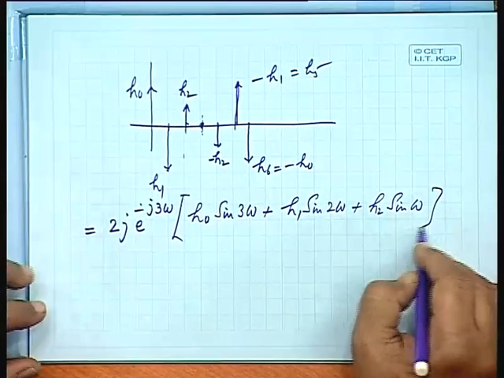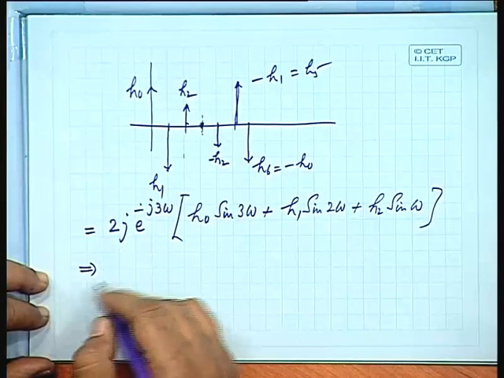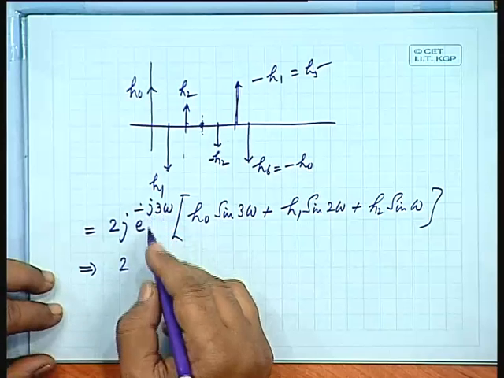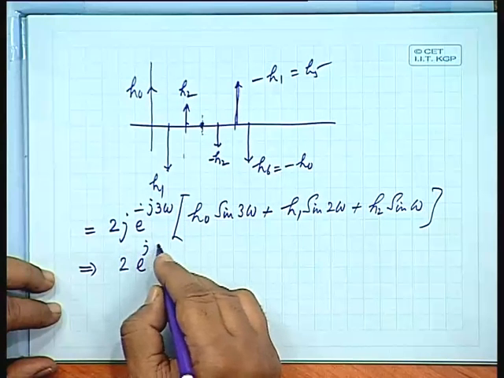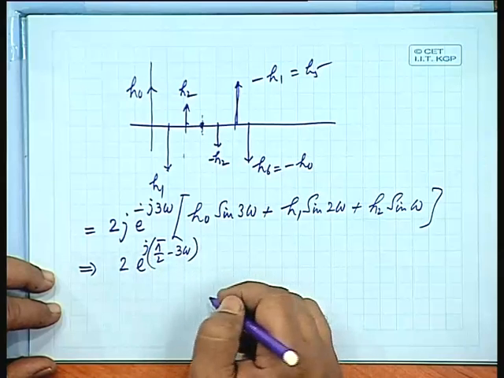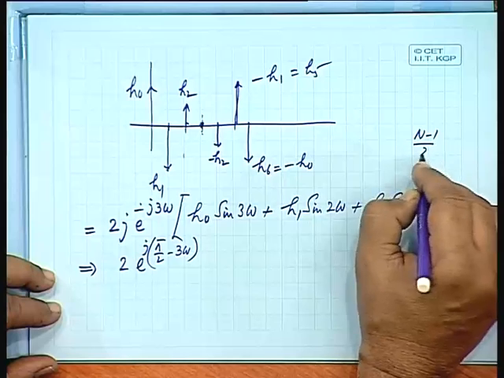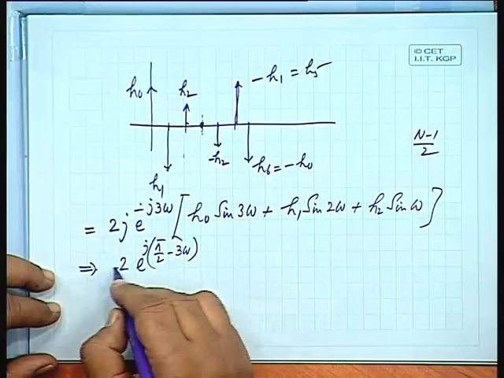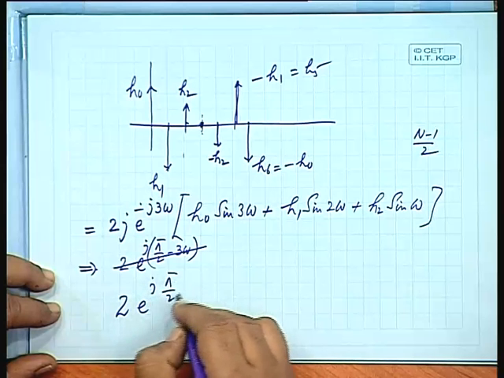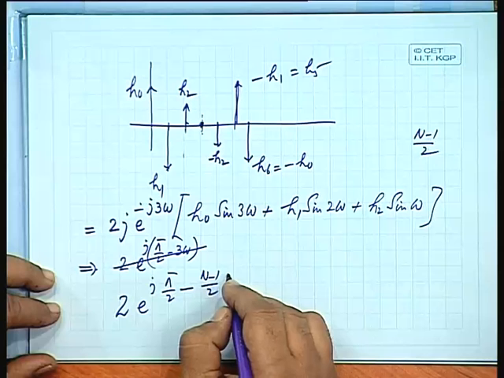So, the general term will be 2, again j you can push as pi by 2. So, e to the power j pi by 2 minus 3 omega. So, 3 I will write as n minus 1 by 2. So, 2 into e to the power j pi by 2 minus n minus 1 by 2 omega.